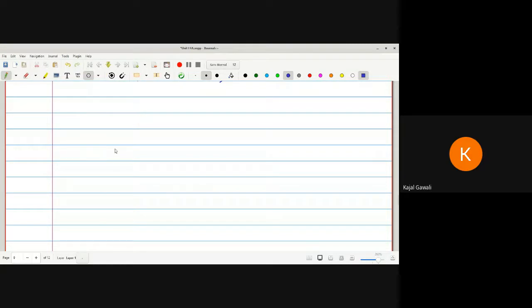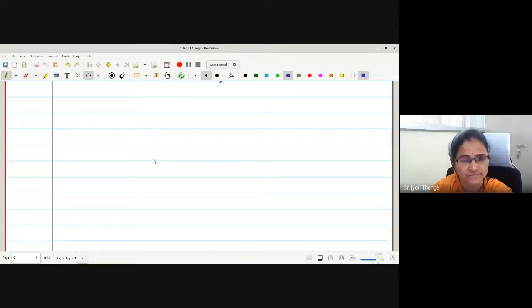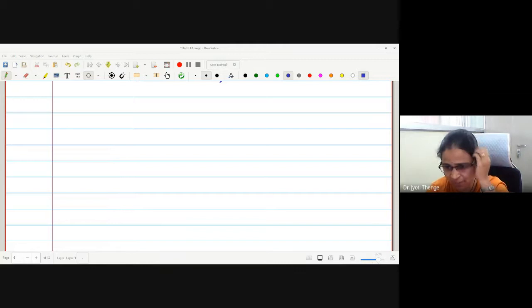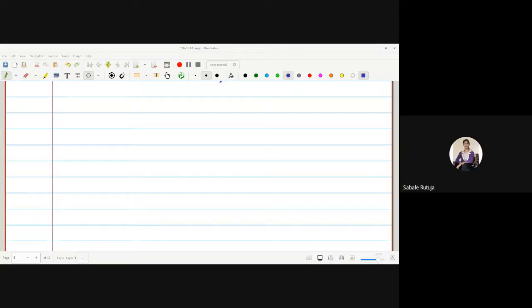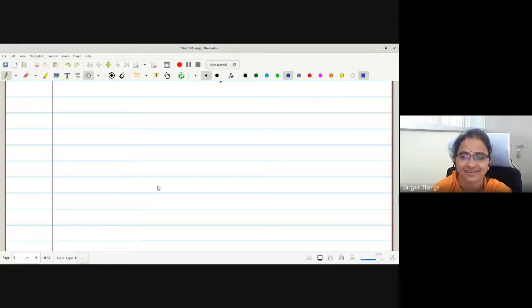Someone is saying normed linear space is bigger. Can you please repeat? Which space is bigger? Metric space is bigger.